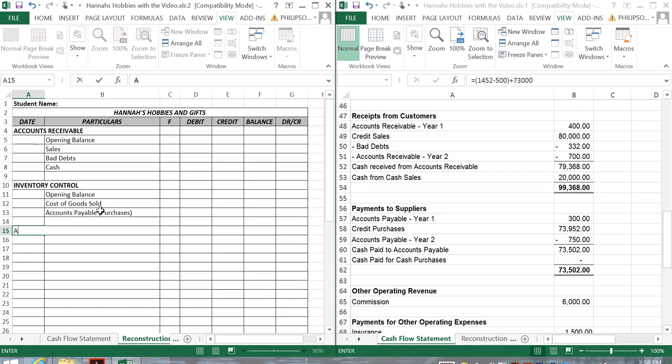Be consistent here. Accounts payable. Opening balance, and then our inventory control amount that we're going to take from up here.